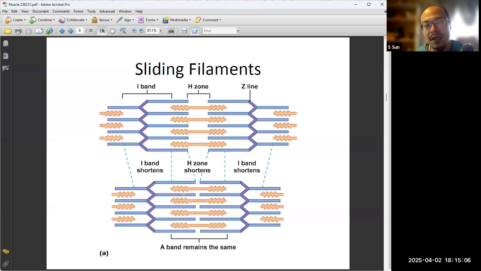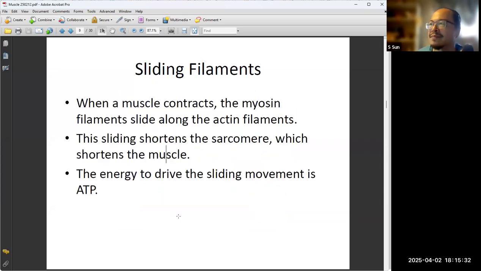Your cells need to use oxygen, glucose and fat to produce ATP, and the organelle that produces ATP is the mitochondria. Then ATP is utilized by the muscle to generate this muscle contraction. So that's that.